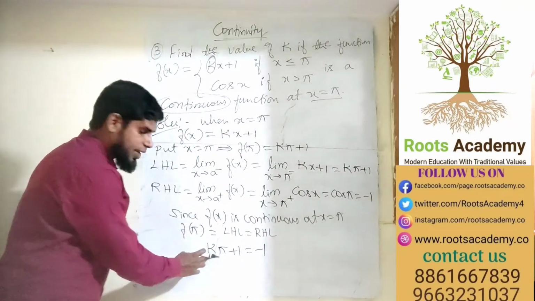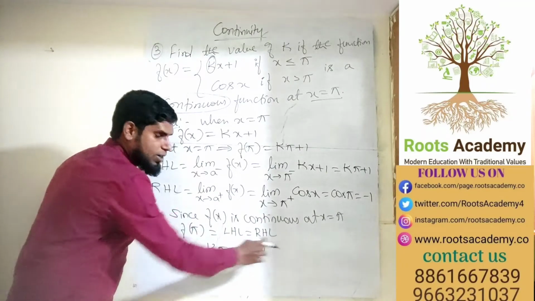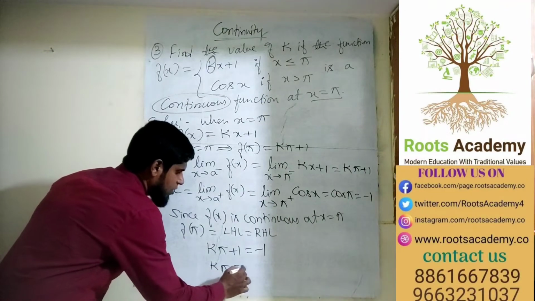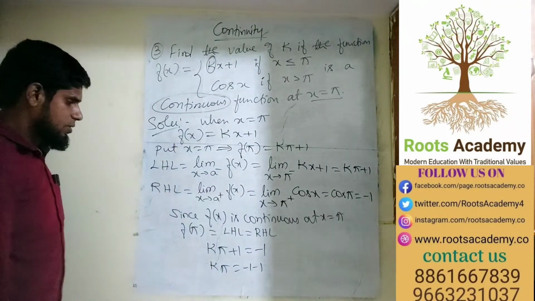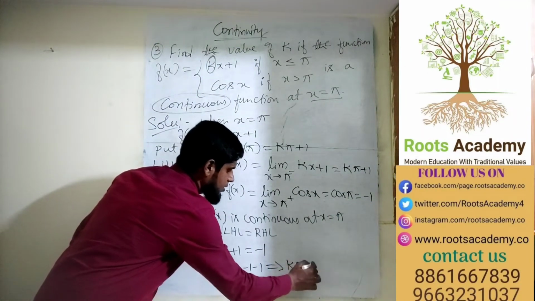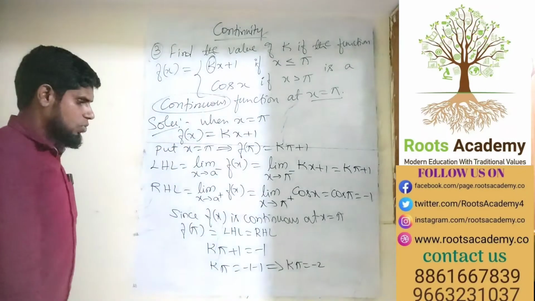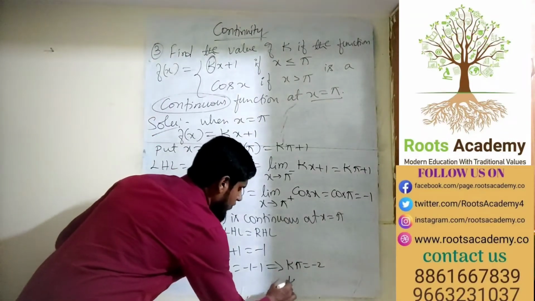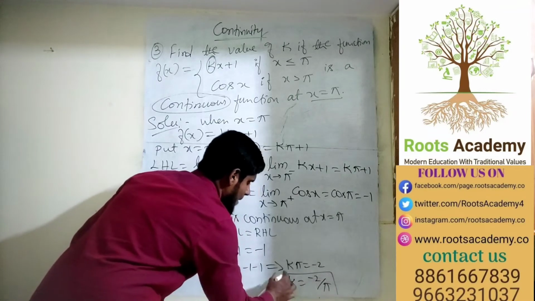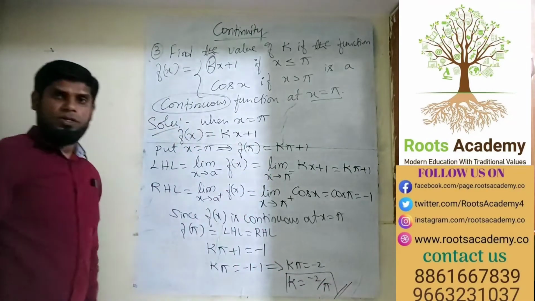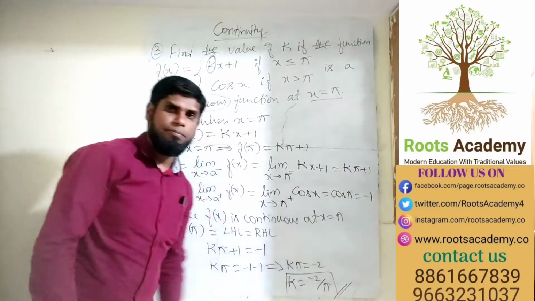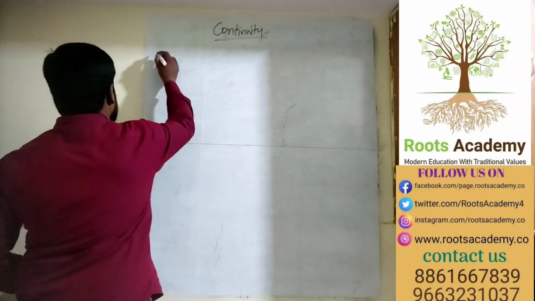To find the value of k, I will first shift this plus 1 to the other side. So this becomes k pi is equal to minus 1 minus 1. So this gives k pi is equal to minus 2. Finally, the value of k is minus 2 divided by pi. So student, in this problem, the value of k is minus 2 divided by pi.